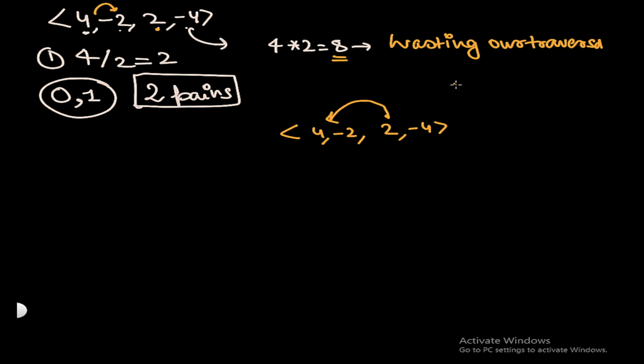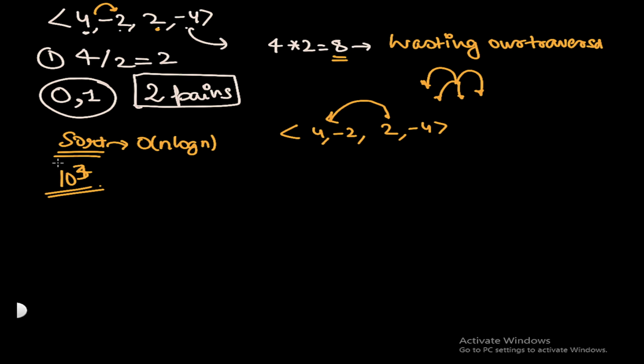So why waste our traversal, traversing here and here and here? Let us just sort our array. Sorting will take big O of n log n time. And our constraints are 10 to the power 4, or I think 10 to the power 3, so it won't affect the time complexity of our question.